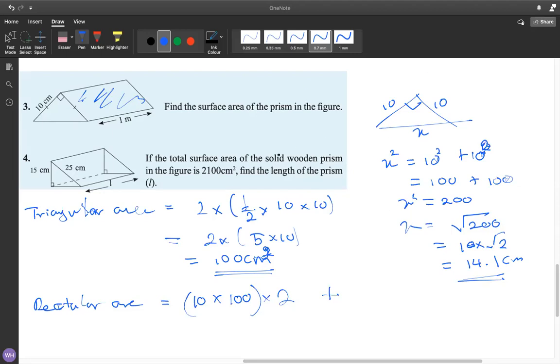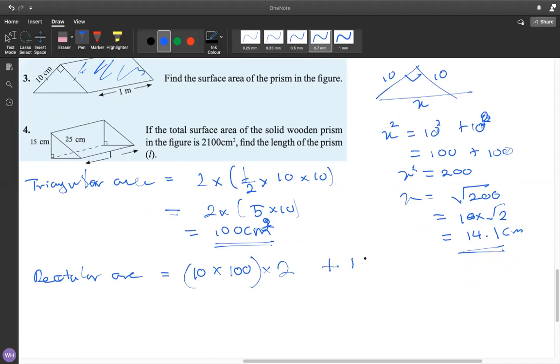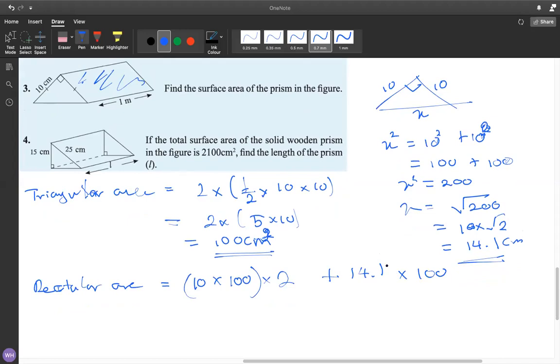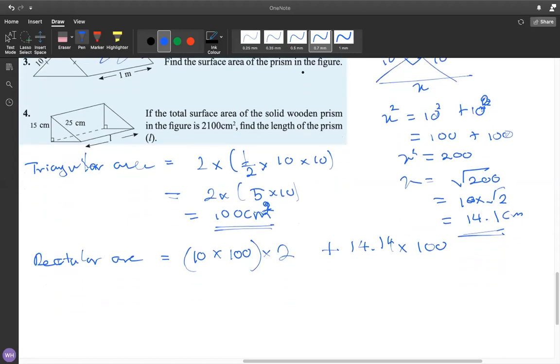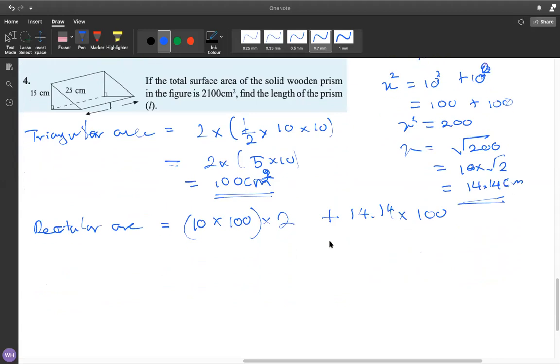Now you can find the other rectangle's area, 14.1 times 100. Actually 1.4, so multiplying it by 100, we can take 1.4. That's better. So this one, 10 into 100, is 1000, and 1000 times 2, plus this one into 100, which is 1414.